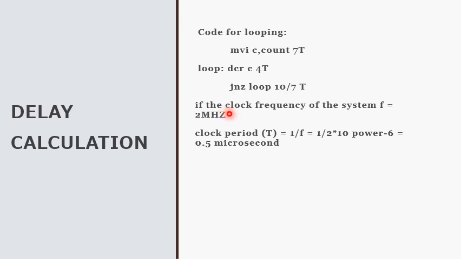Then, decrement C is a single byte instruction, so it only has an opcode fetch, which takes 4 T states. Jump on non-zero is followed by a 16-bit address. In this, jump on non-zero has an opcode, so 4 T states, followed by the two memory reads by the microprocessor.